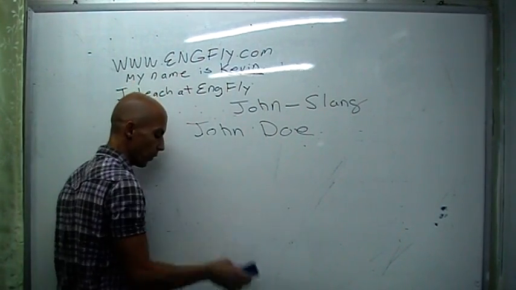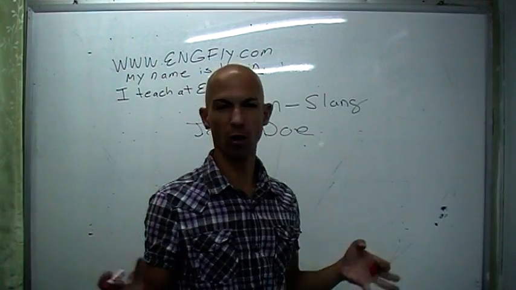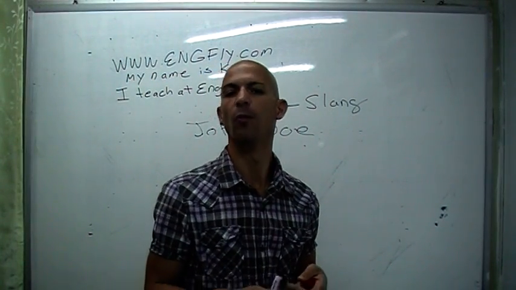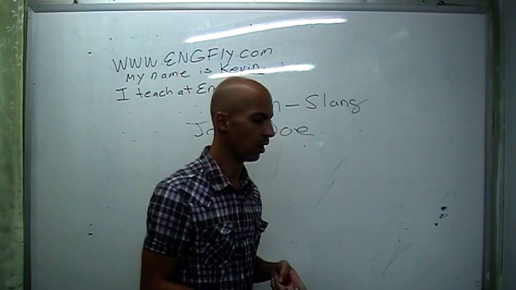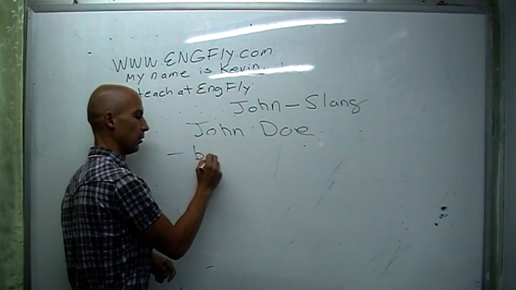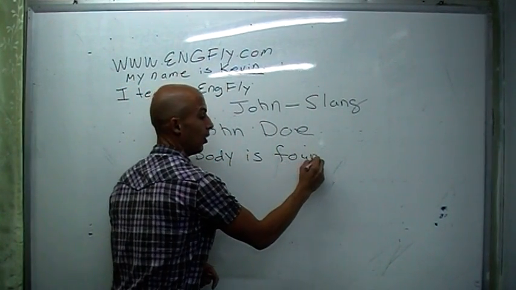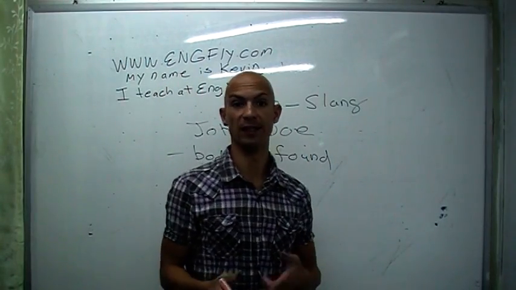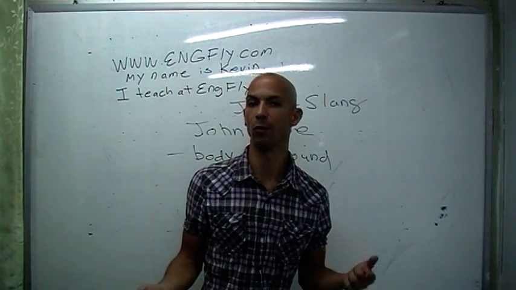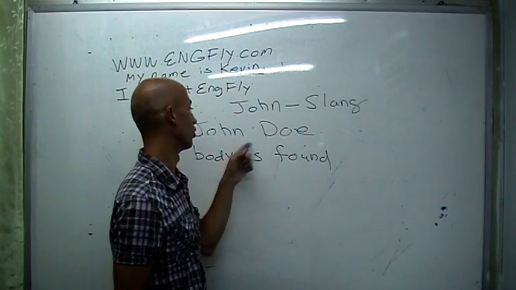Okay, the last way of using John Doe is a little bit more morbid, but it's used in hospitals. Police use it as well. It's when a body is found. Usually this body is a dead body, but if the person doesn't know who they are, because they don't remember, it can be John Doe.